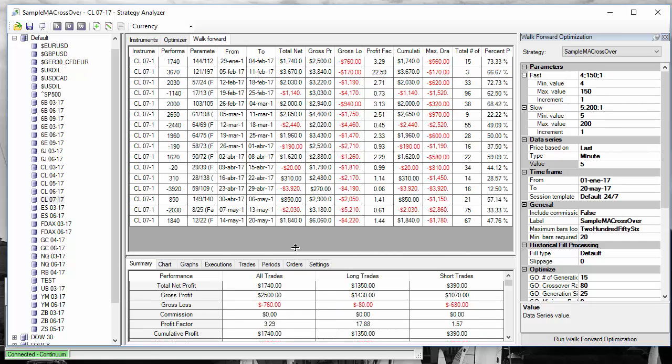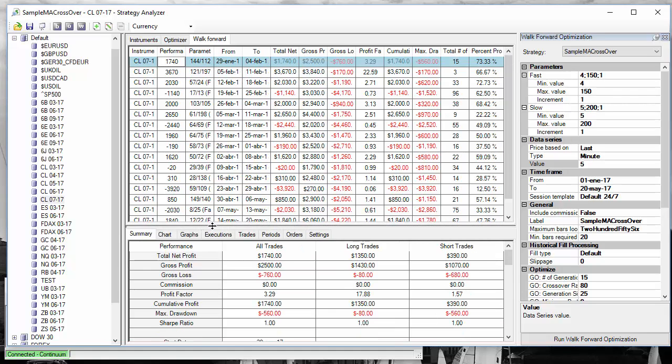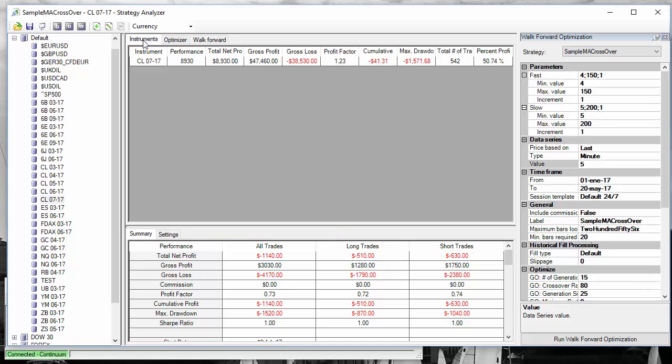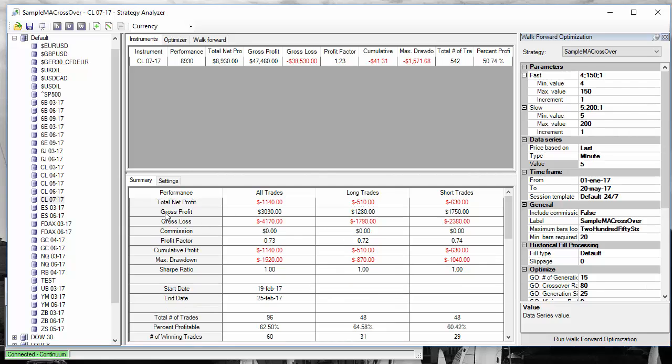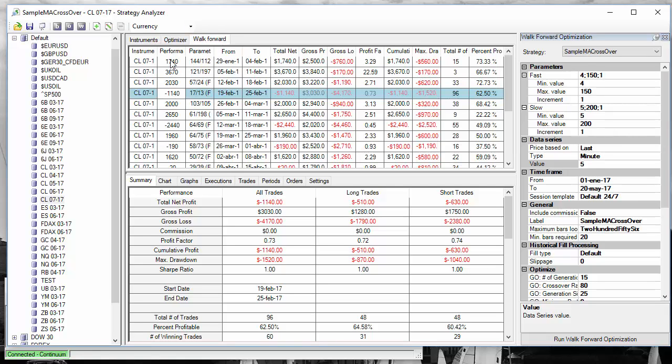If we look at the walk forward, the results per week, this is a positive week, another positive week, this was a negative week. This report, the walk forward, doesn't show the equity curve in total.